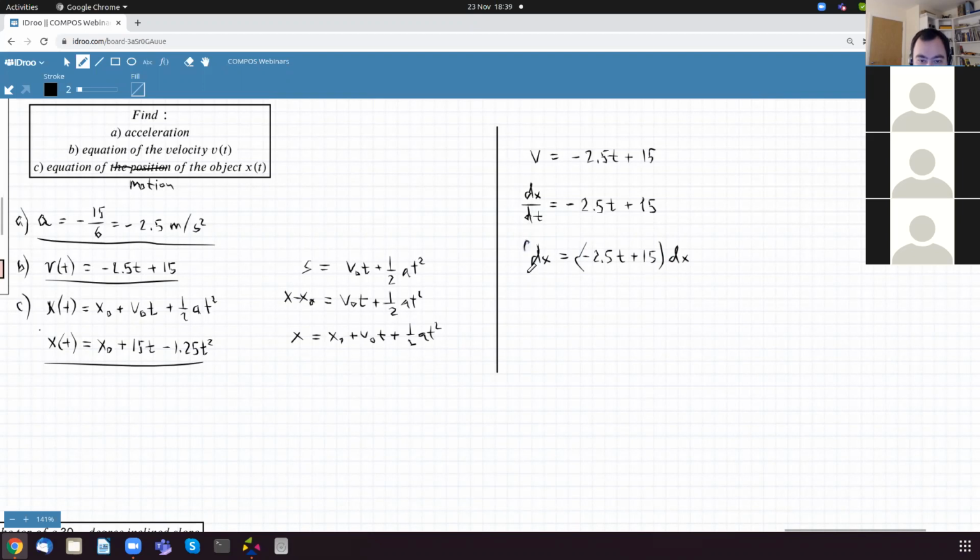So this means just literally drawing these curves in front. And if you integrate, the integral of dx is x. The integral of this is minus 2.5 t squared over 2 plus 15t plus c, where c is an unknown value.